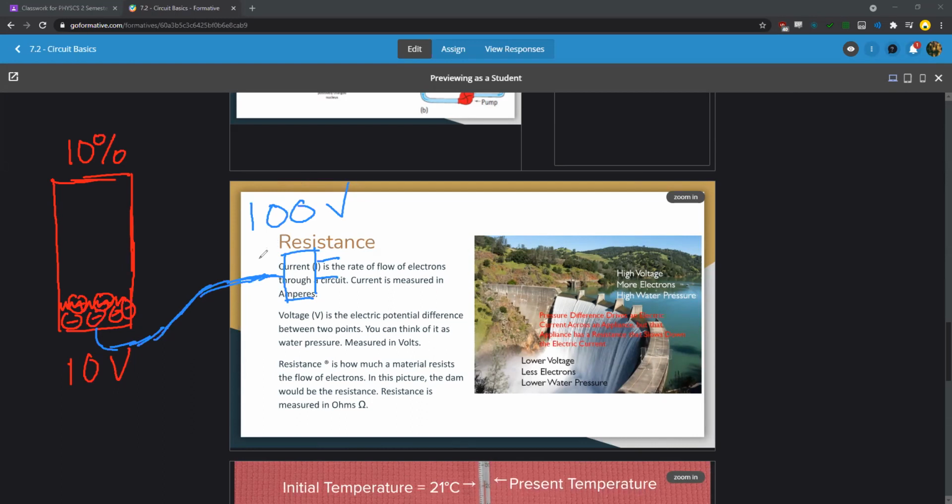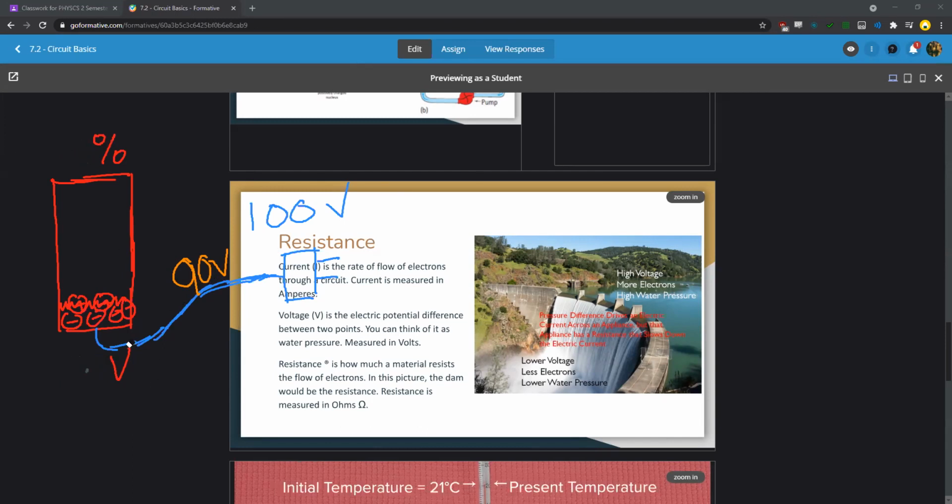Certain appliances will limit the voltage, because you don't want your entire appliance breaking due to too high a voltage. So there's a potential difference here of 90 volts, and as long as you have a difference, your phone will charge, because the potential difference lets electrons flow.